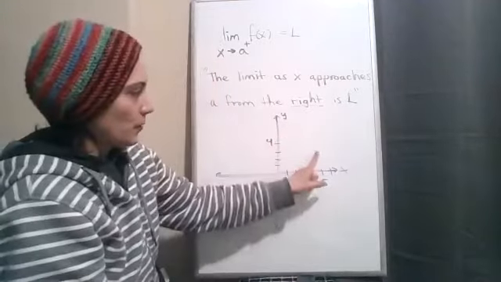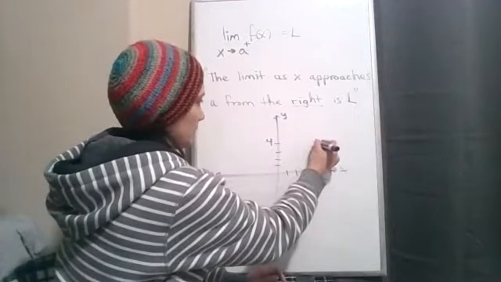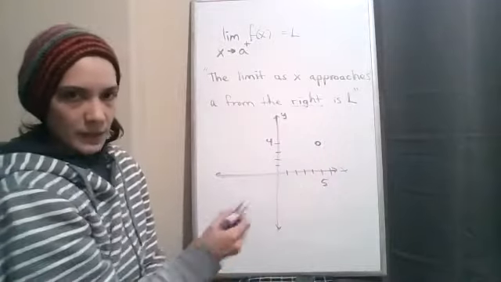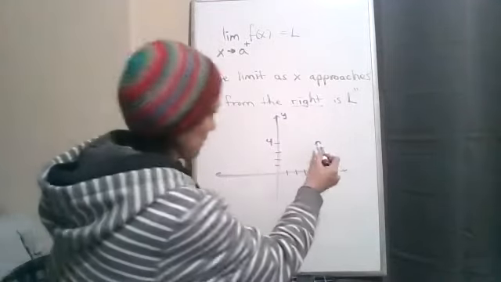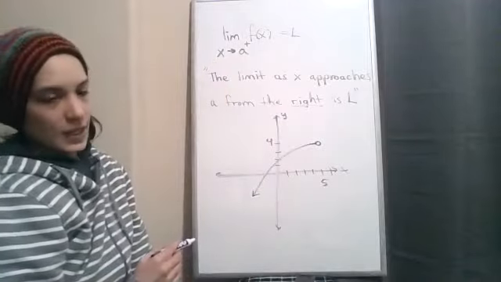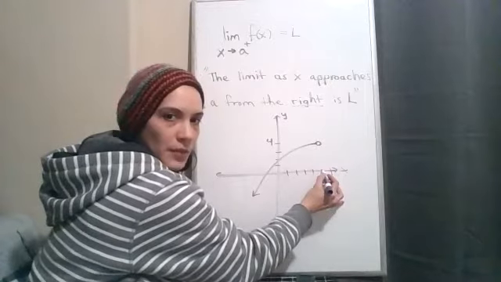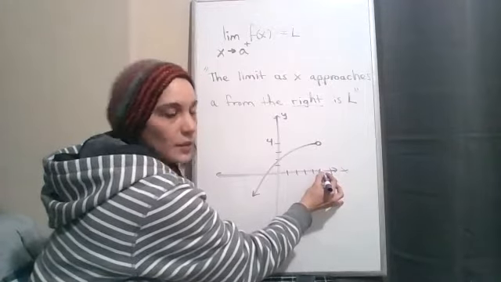At the point 5, 4, it's empty. And my function just comes over like this, and then picks up again at the point 5, 0, then goes up and over like that.